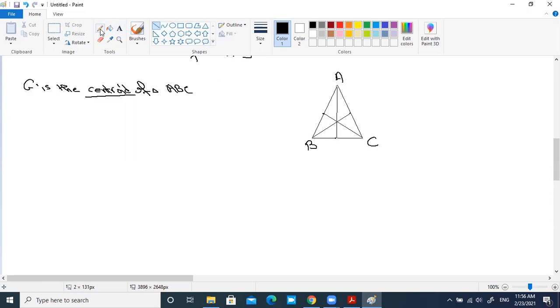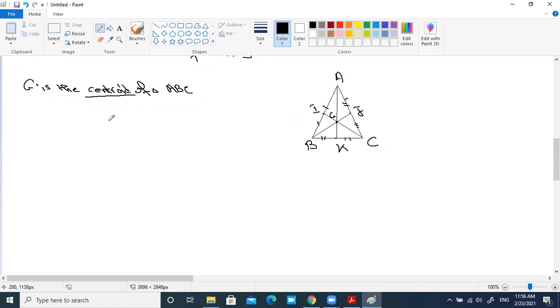The point of intersection, G, is the centroid. Let's name them I, J, K. So the centroid is the intersection of medians. I is the midpoint of segment AB, K is the midpoint of segment BC, and J is the midpoint of segment AC.